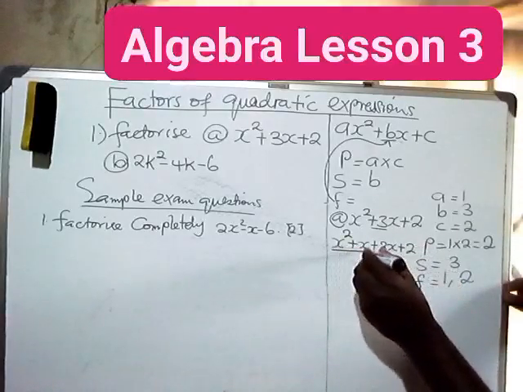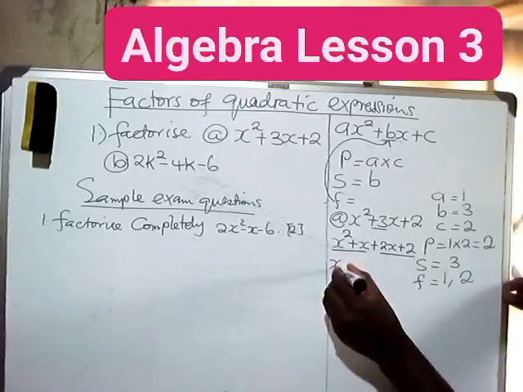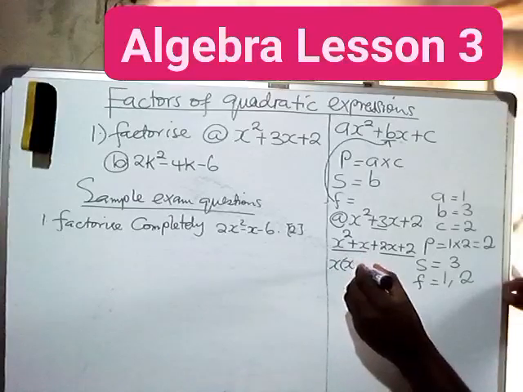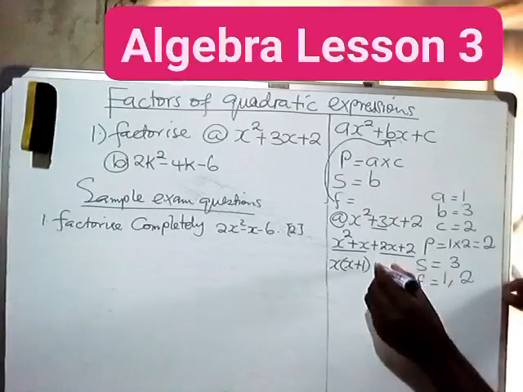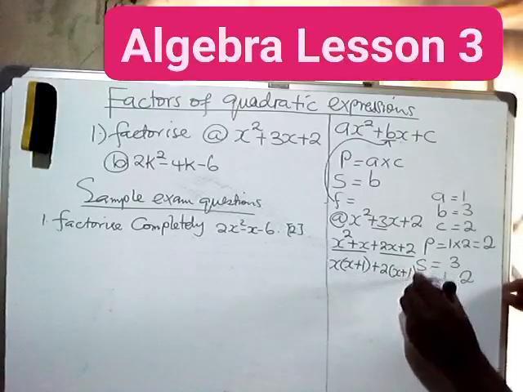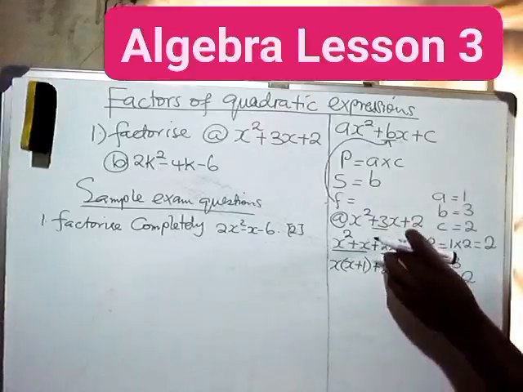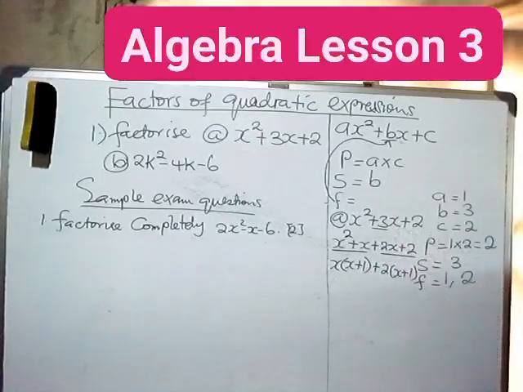Then I will factorize these. Which one is the common factor? I have x, so we have x times x plus 1. Then here, the common factor is 2, so I'll have 2 times x plus 1, because 2 into 2x gives x, and 2 into 2 gives 1.